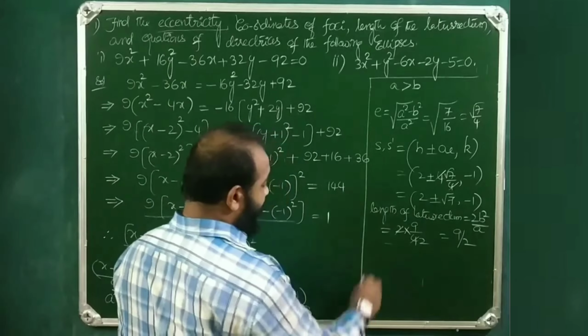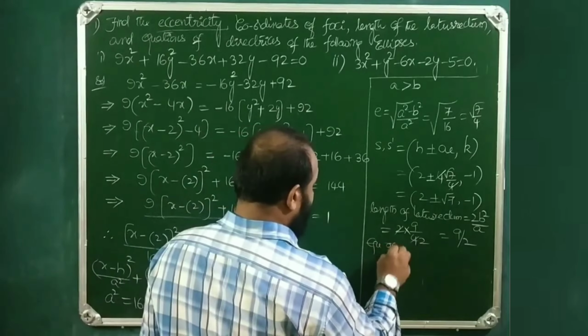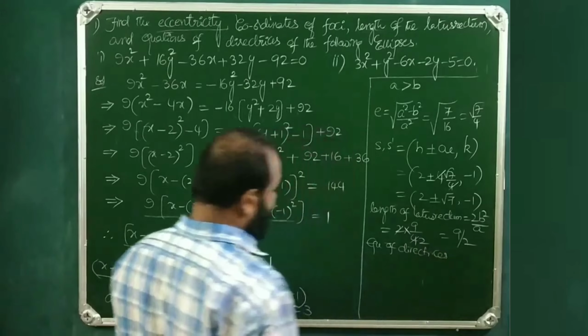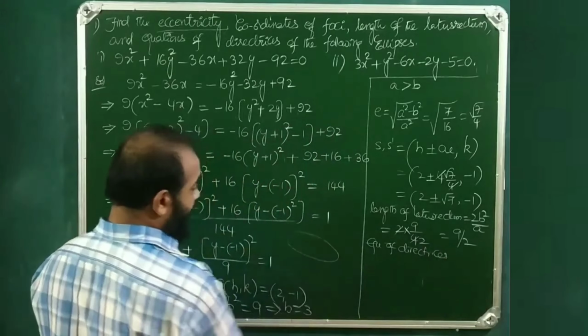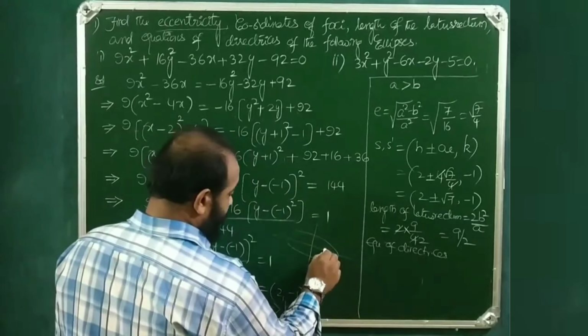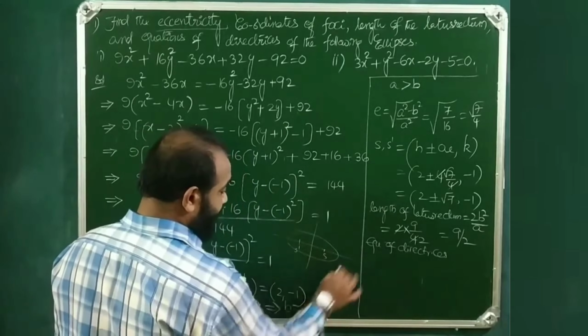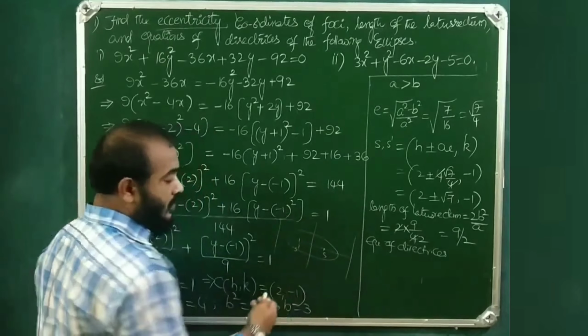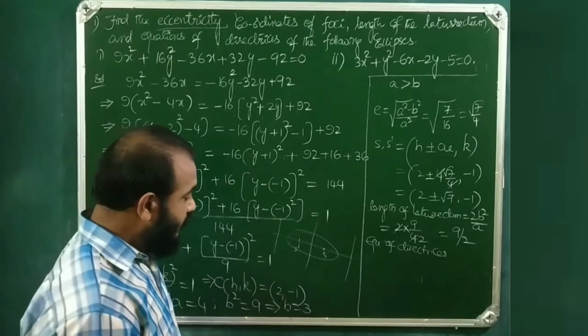Equation of the directrices. This is our ellipse, and this is S dash, and these two lines are the directrices.